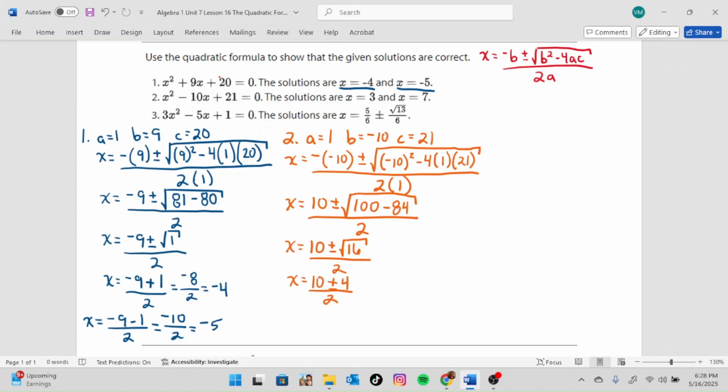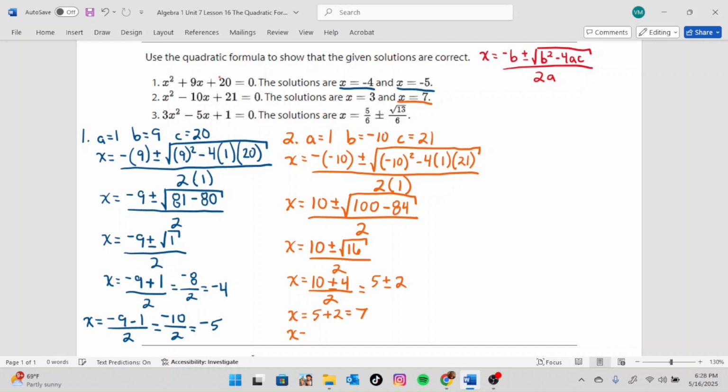Now, to make this a little bit easier, I'm going to divide everything on the top by 2. So that's going to give me 5 plus or minus 2, because 10 divided by 2 is 5, and 4 divided by 2 is 2. So the first answer is x equals 5 plus 2, which is 7, and that matches the second answer they said we should get.